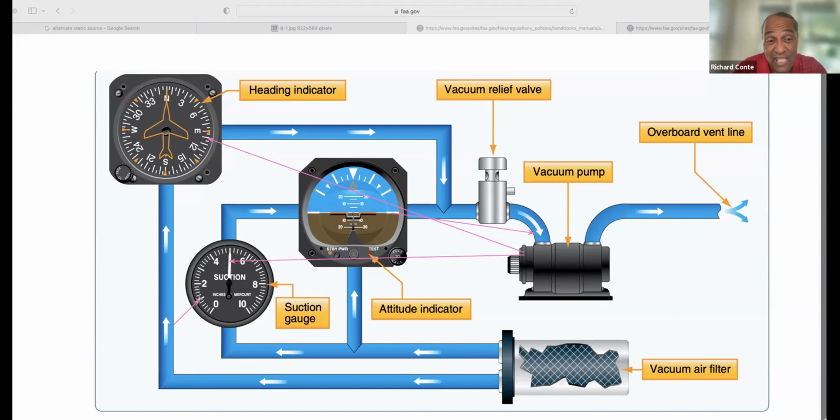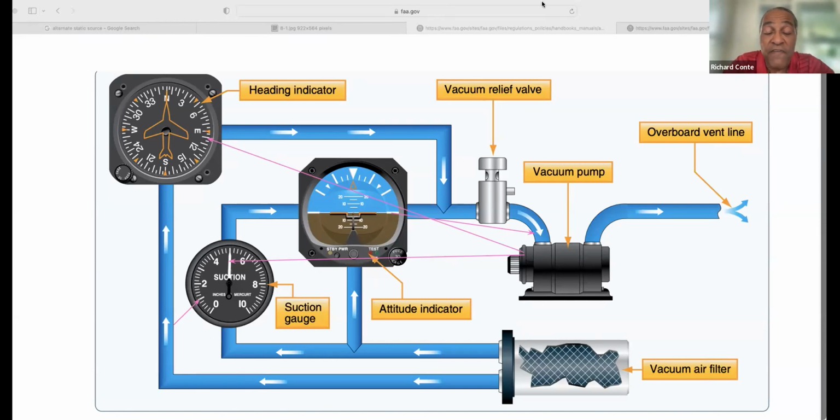Well, that tells me it's not working correctly, but is it the compass that's not working, or are you not getting enough suction to make it work? That's why it's important to understand how these things work, so when you tell the mechanic, he understands exactly where to go to troubleshoot the particular system.